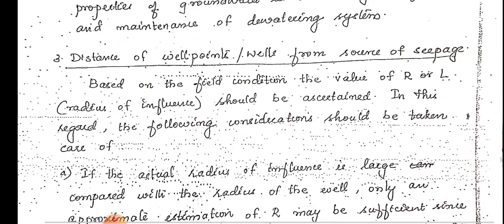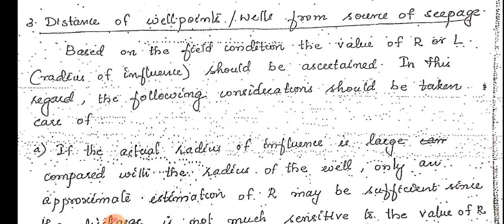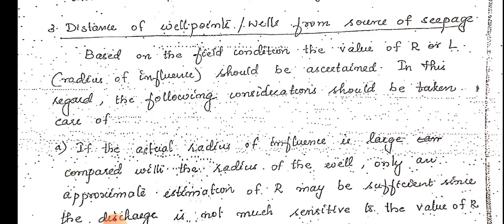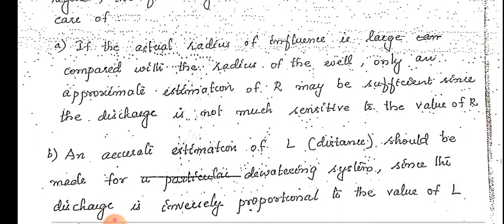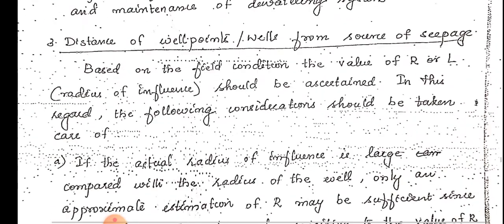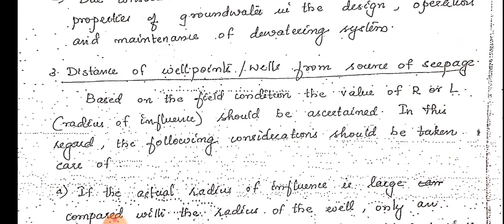Next is the third step, design of well point or wells from the source of seepage. Based on the field condition, the value of the radius of influence should be ascertained. In this regard, the following considerations should be taken care of. Here the third step is the distance of the well from the source of seepage.